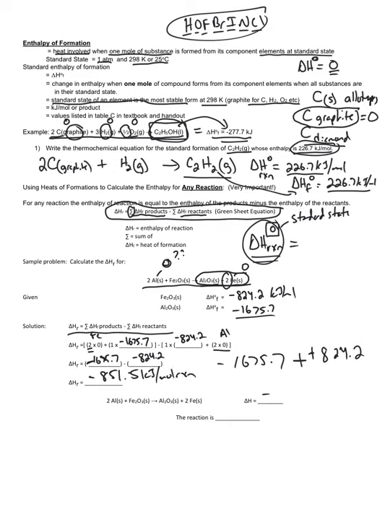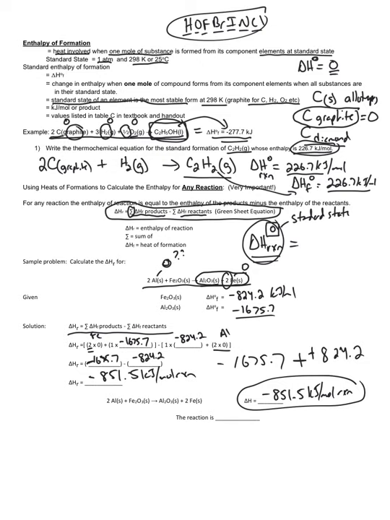So the enthalpy of this thermochemical equation has now been calculated. I know the enthalpy of the reaction because I can simply summate the products, summate the reactants, subtract, and I can use those table values to calculate the enthalpy of any chemical equation now for this entire unit and moving on forward in this class.